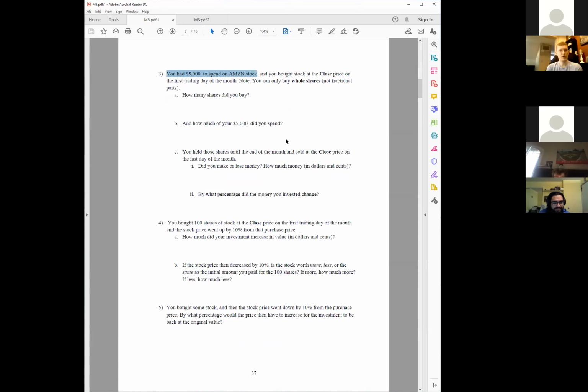I don't really think there's anything too confusing in here until maybe question 3, when they give you an amount of money to spend. In this case, instead of just saying you have purchased 2 of these things, now they're saying you bought $5,000 worth of this stock. Well, the extra step involved here is that you can only buy whole shares of stock, not fractional. So if you have 20 bucks on you and a single share costs $8, they're not going to let you buy 2.5 shares.